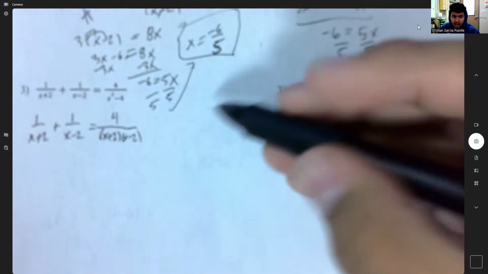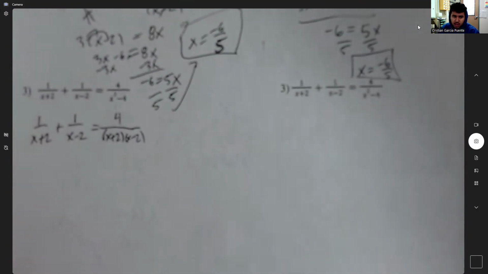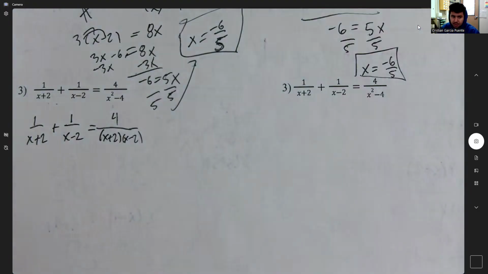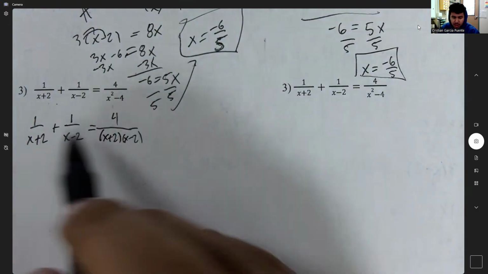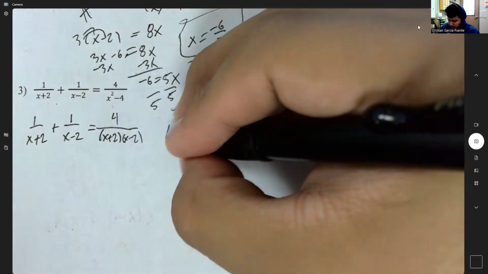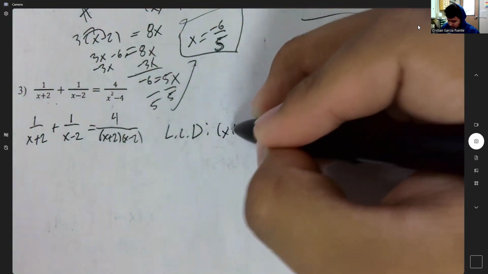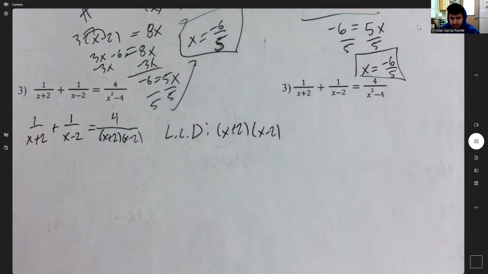If you don't know how I got this bottom part right here, you're just going to ABC this, and you'll get this, okay? So now, over here, your LCD is what they have in common. So what do these two have in common right here? They both have an x plus 2 in common, so you write that. What about these two? They both have x minus 2, so that's going to be your LCD.